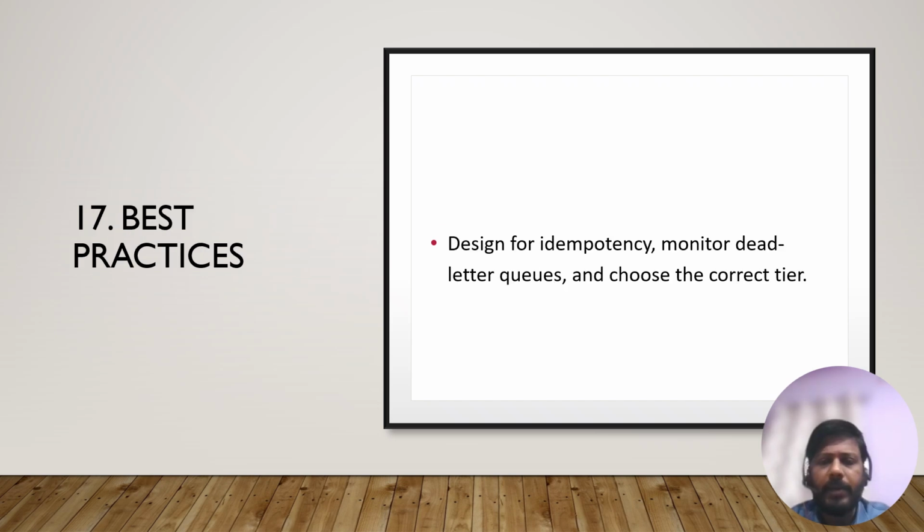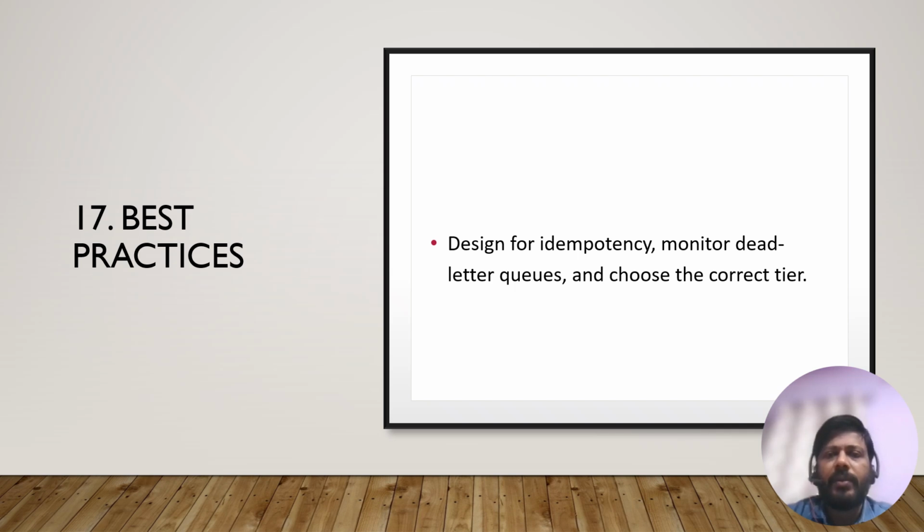And so the best practices for Service Bus: idempotency, monitor dead-letter queues, and choose the correct tier, because there are different tiers available. Consumers should safely handle duplicate messages. One of the best practices is to ensure that the consumers you're creating safely handle these duplicate messages.